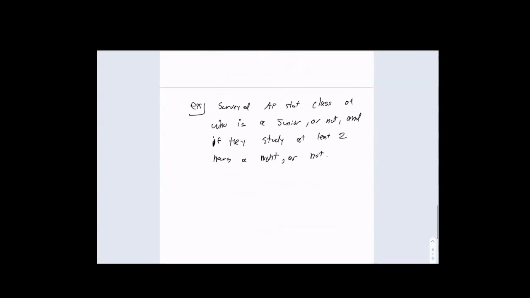So the question is, are they a junior? All my class students were either juniors or seniors, but I'm going to classify them as juniors and not juniors. And then if they classify themselves as studying 2 hours a night or not. And it was a random question.